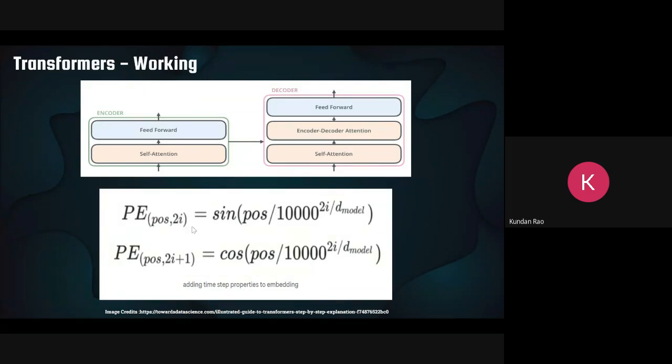Here, POS denotes the position of the word, and i denotes the dimension of embedding, while d_model says the size of the word or token embedding.